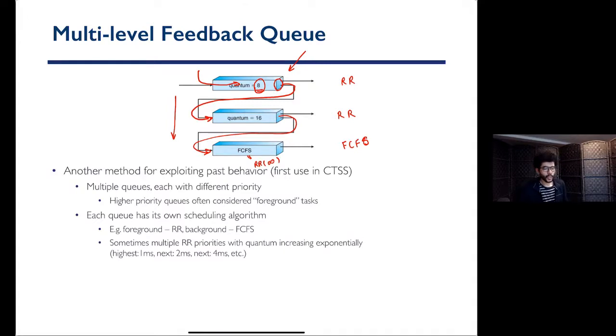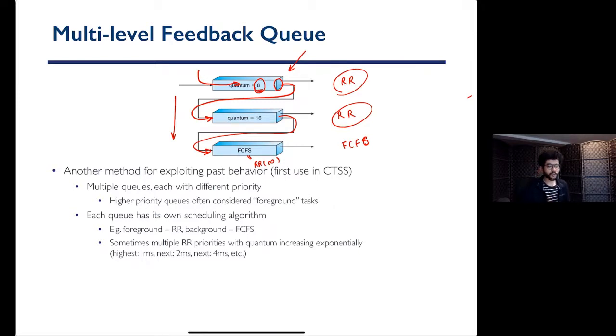Now, you don't necessarily need to do round robin here. You can do other stuff. You can randomly pick between the tasks in each queue and then run them for a time period and then push them down.